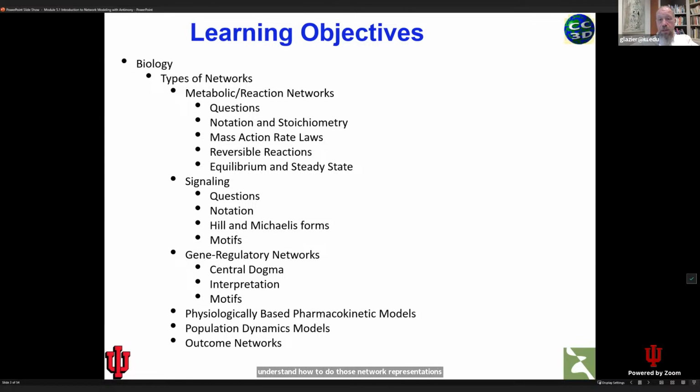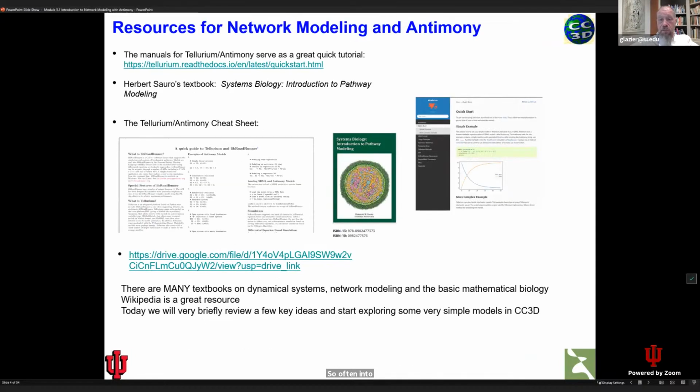computably. Networks are, of course, one of the great results of modern omics technologies, but converting those network diagrams that you see so often into computable form isn't so trivial. We're not going to be talking today about the software that exists to try to help you do that.